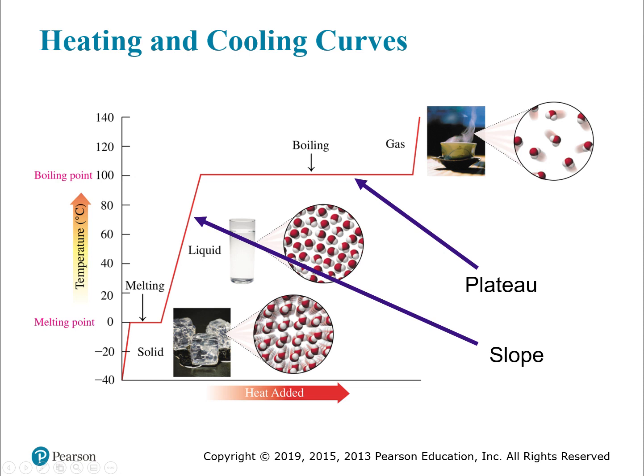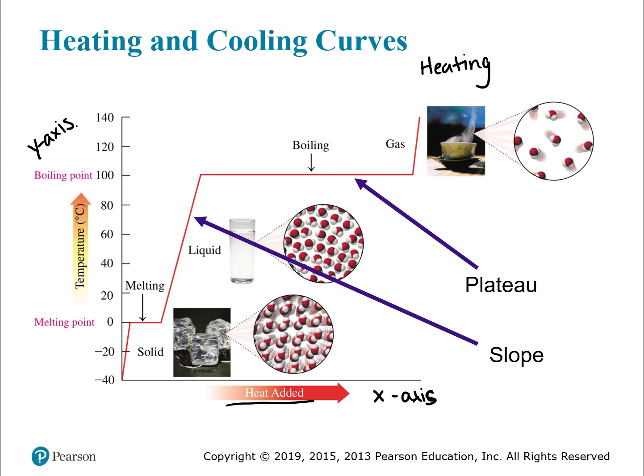We've been talking about changes of state, solid, liquid, gas. We're going to put all of those concepts together and look at heating and cooling curves. So this is a heating curve. We've got heat being added on the x-axis. And on the y-axis, we've got our increasing temperature in degrees Celsius.